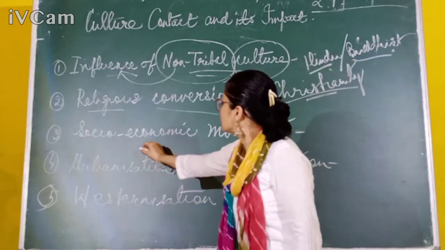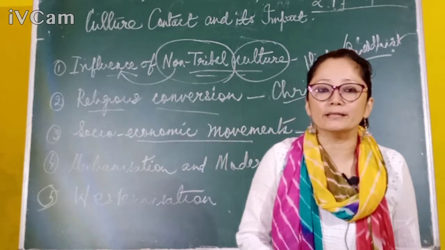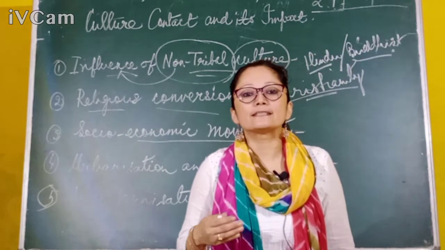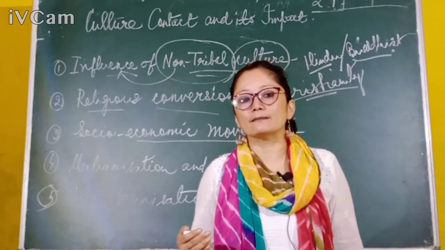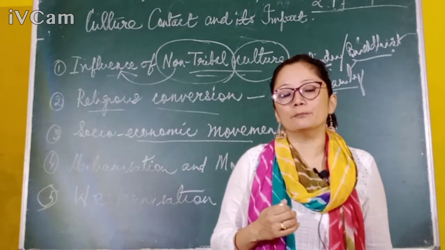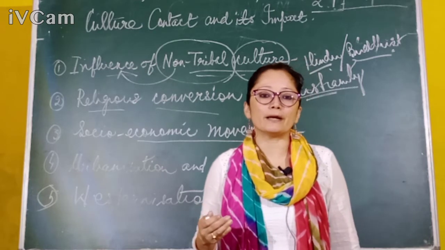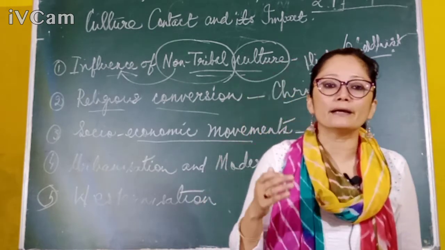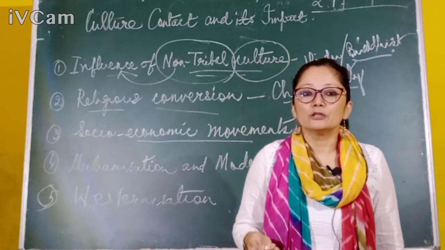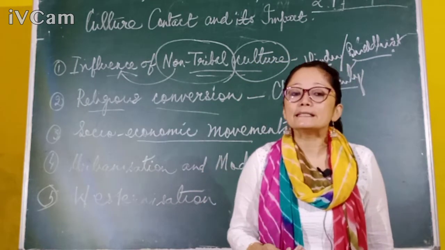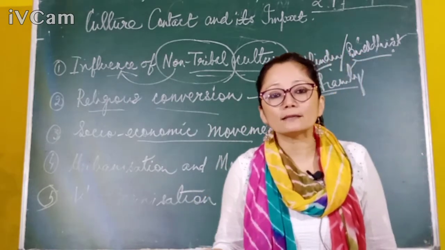Talking about the third one, socio-economic movements. Slowly and steadily, most of these tribes started comparing themselves with the urban communities, especially in the cities. Today, if you compare cities like Delhi, Bombay, Hyderabad, Calcutta and all that, they are very much developed. You have good roads over there, plenty of opportunities for employment, education, health.